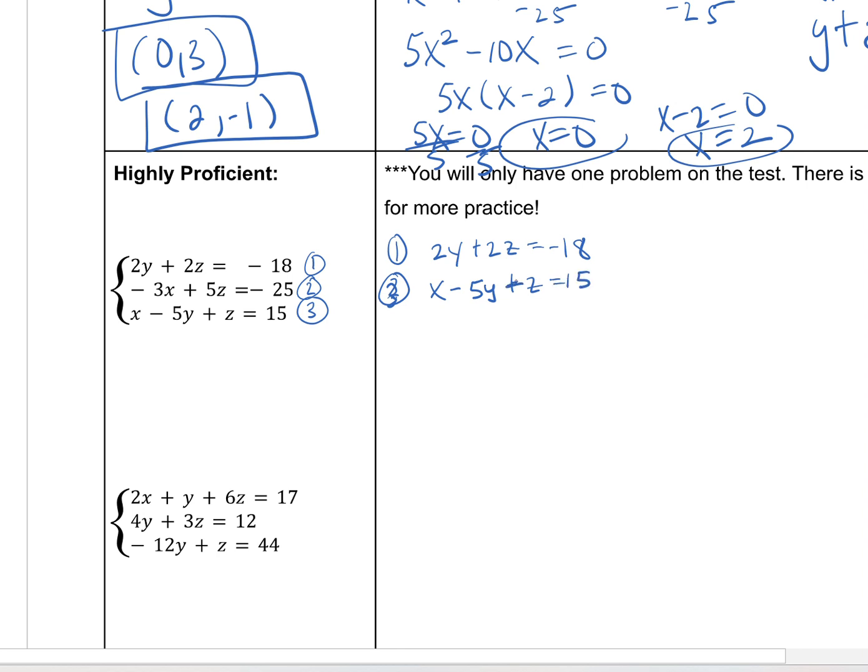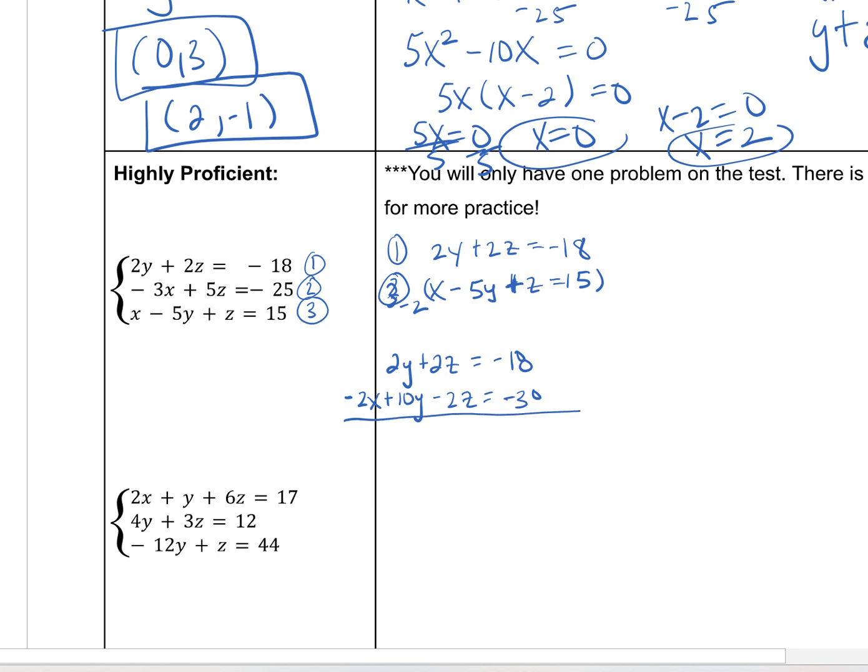To eliminate z, I have to multiply by a negative 2. Okay, so 2y plus 2z equals negative 18. Negative 2x plus 10y minus 2z equals negative 30.